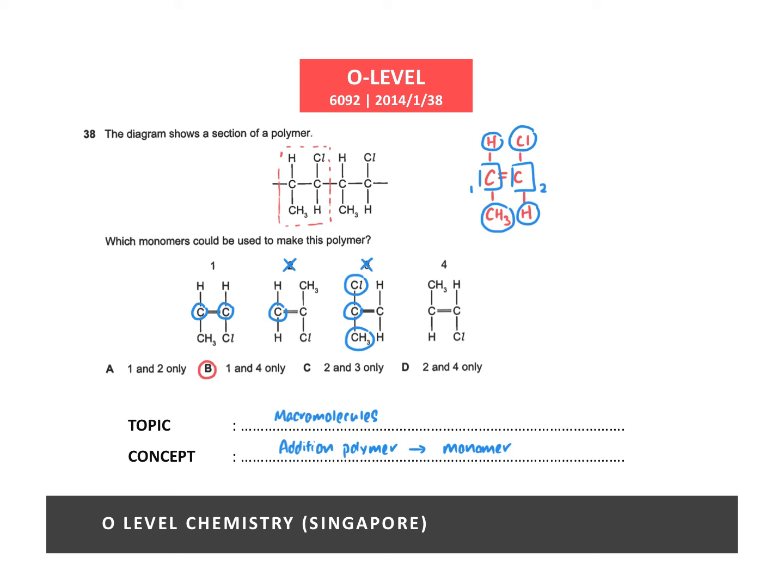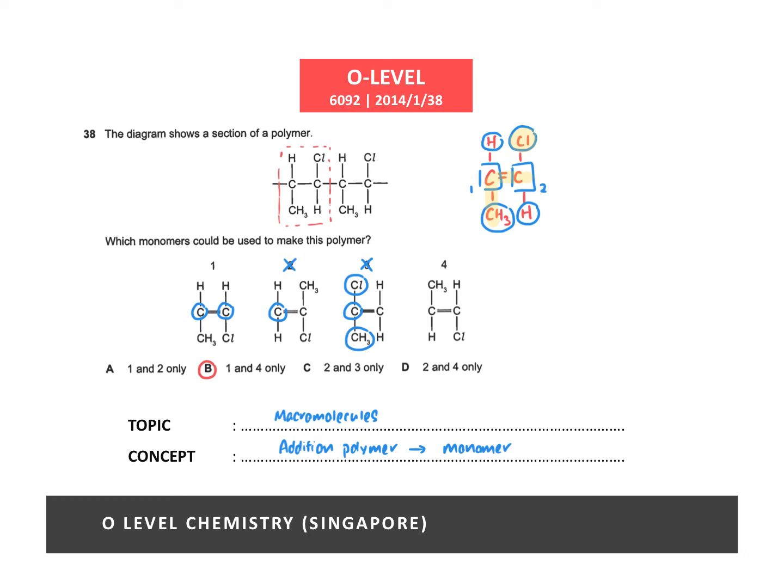Now the second way of solving this is to look at the longest continuous chain. What do I mean by that? If you look at the longest continuous chain in this alkene, it is as follows. When we look at the longest continuous chain, you can see that the chlorine atom is actually bonded to the carbon at the end of the longest continuous chain.